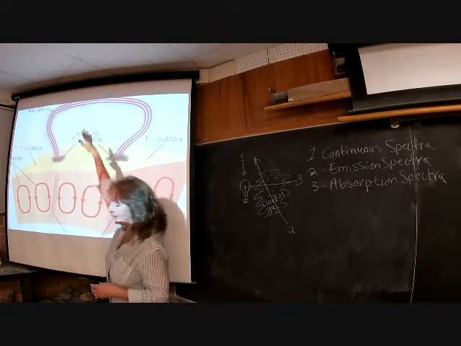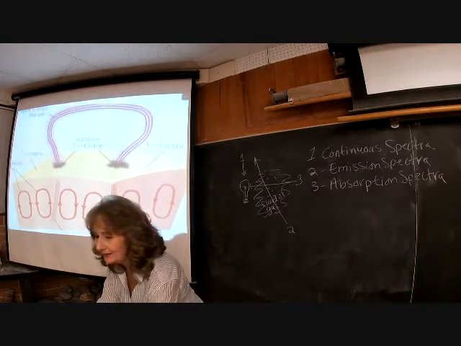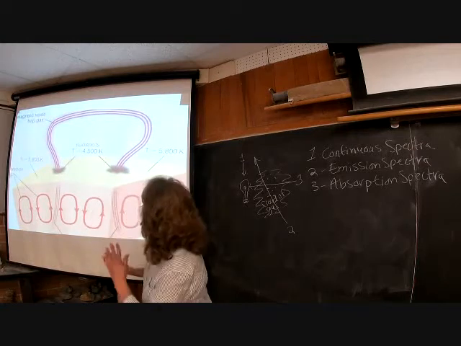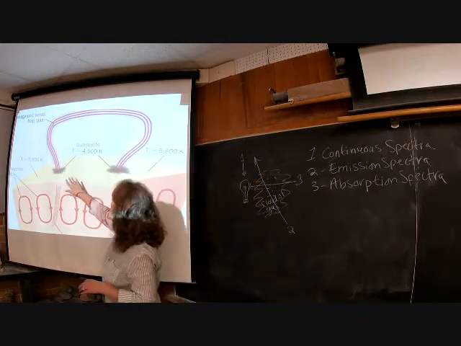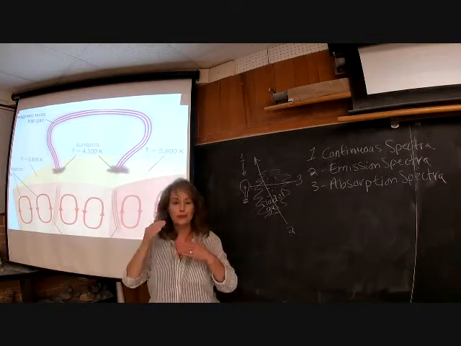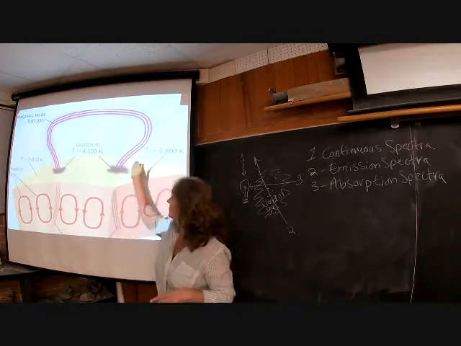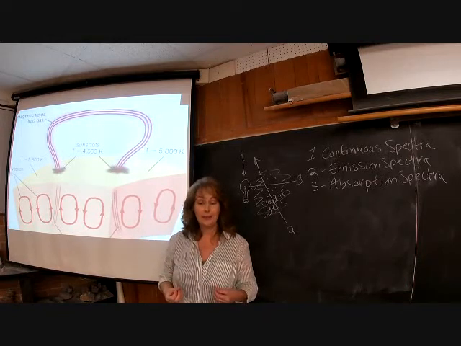But look at the loop that it makes there, a magnetic field, okay? This loop, kind of a magnetic dynamo going on. But these actually do have polarity, North Pole, South Pole, with that magnetic loop that's happening.